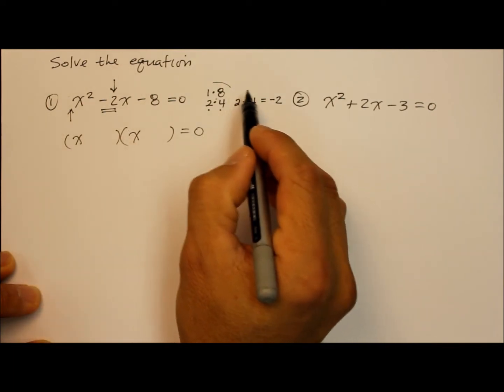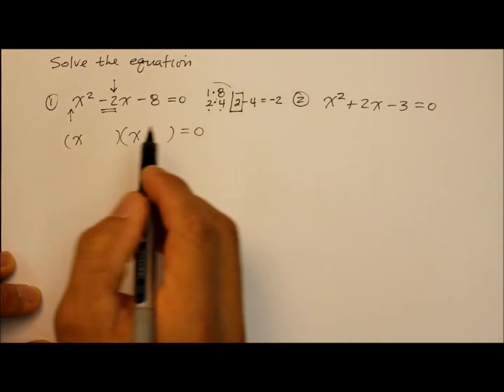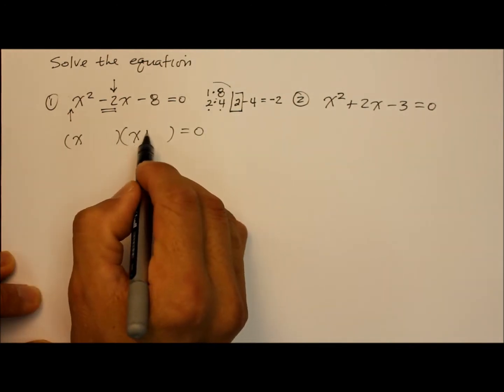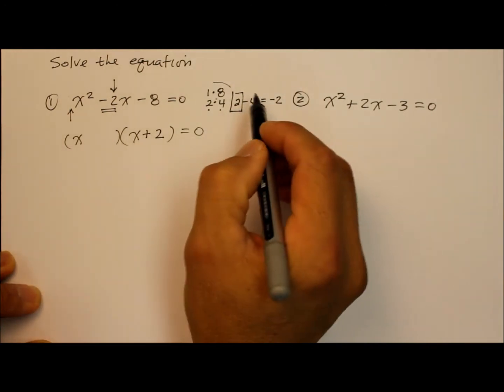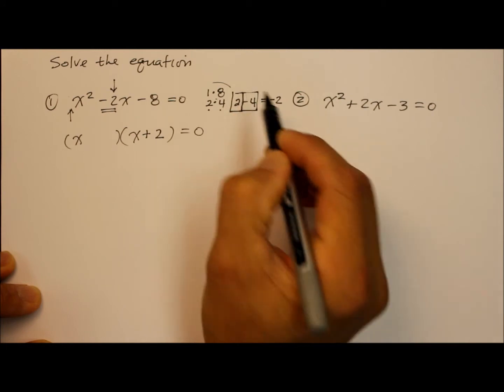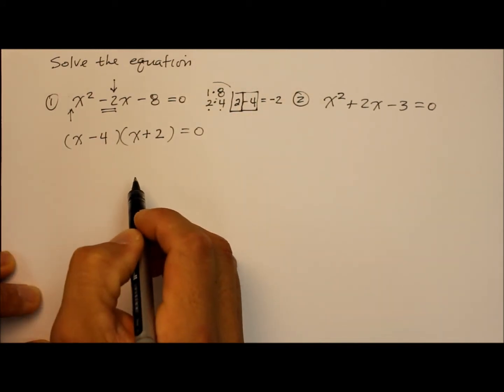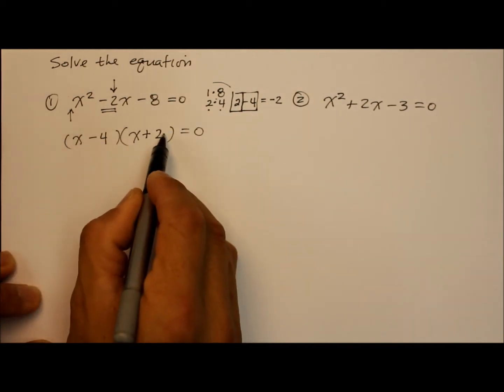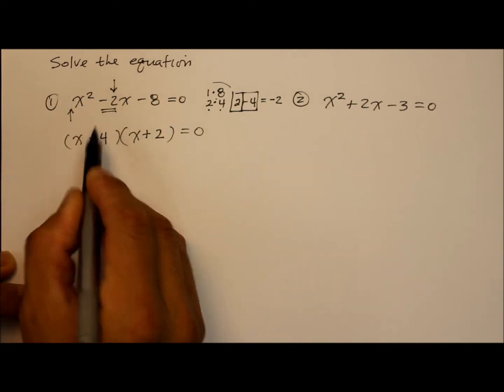So you take x plus 2 and x minus 4. And this is the factored form of this trinomial of the equation.